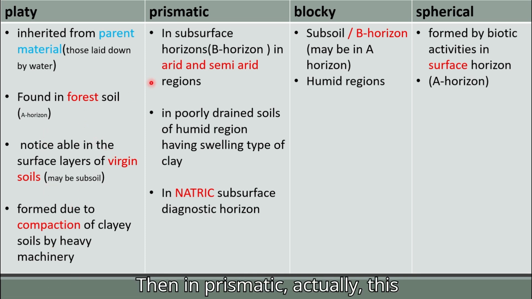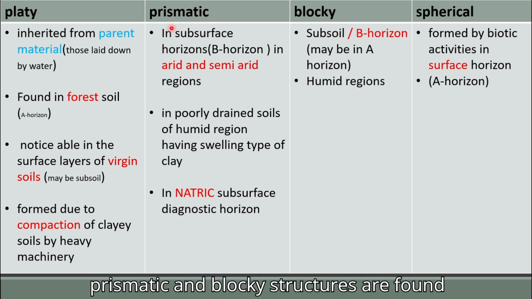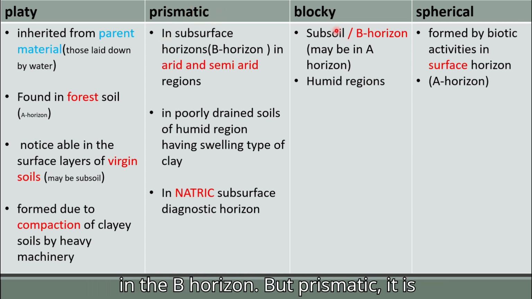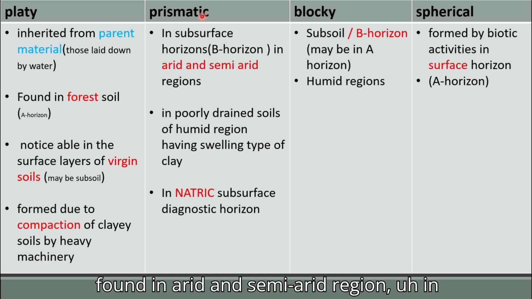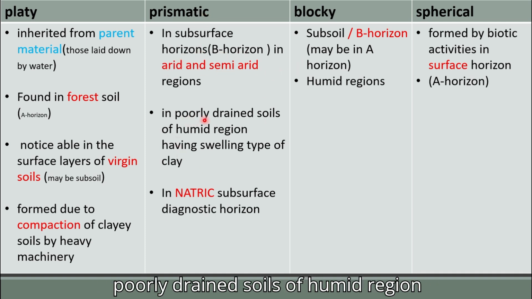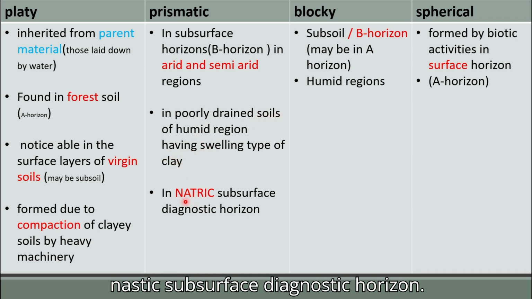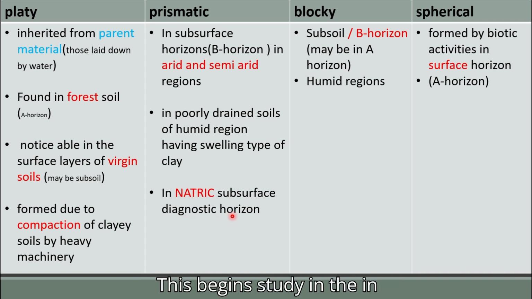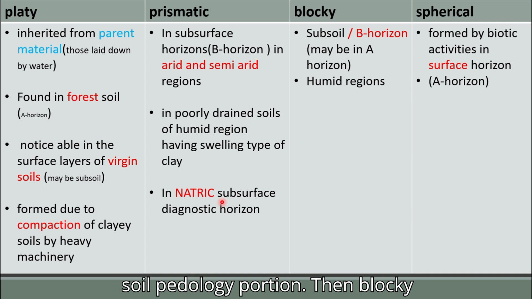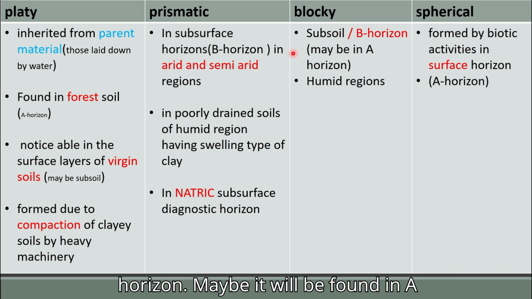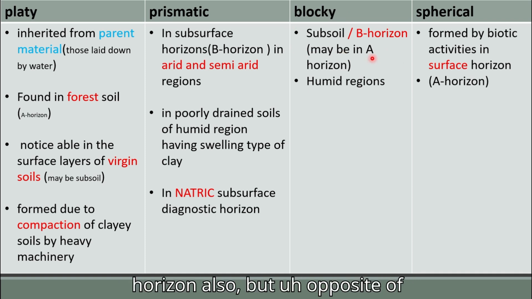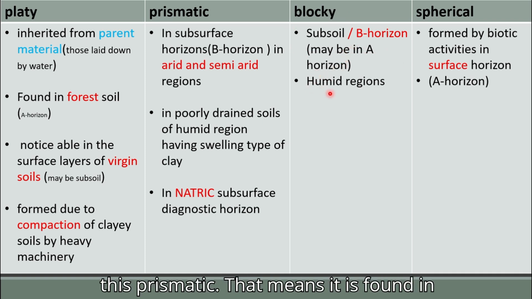Then prismatic and blocky structures are found in the B horizon. Prismatic is found in arid and semi-arid regions, and in poorly drained soils of humid regions having swelling type of clay, in the natric subsurface diagnostic horizon; this we begin to study in the soil pedology portion. Then blocky structure is found in the subsoil or B horizon, maybe in the A horizon also, but opposite of prismatic.